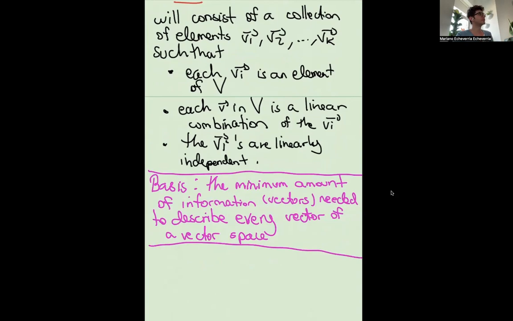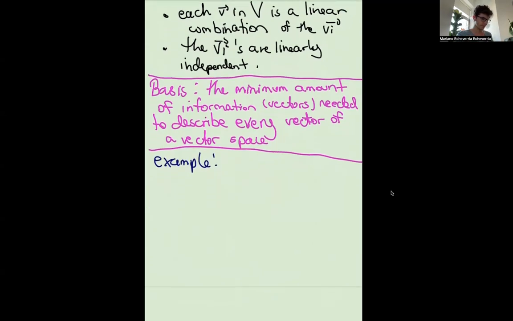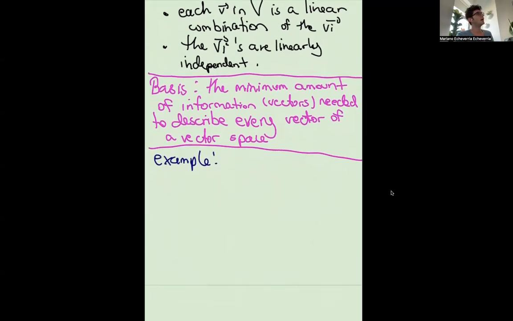So let me give you some examples just to make it more clear to digest. Here's an example. Let's start with something even easier. Let's start with the vector space R2.